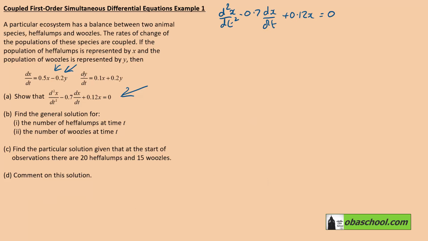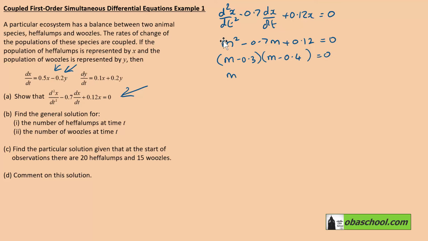So we now want to find the general solution for the number of heffalumps and then the number of woozles. So we want to solve this equation. The auxiliary equation here is m squared take away 0.7m plus 0.12. And so that's m take away 0.3, m take away 0.4.